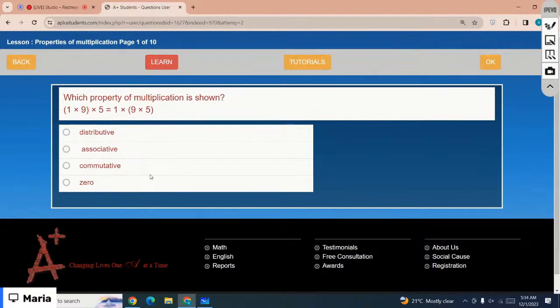That is the associative property, right? The property that involves three numbers, where the numbers are the same on both sides and just their order of multiplication is different, is the associative property, isn't it? That is the associative property, right?